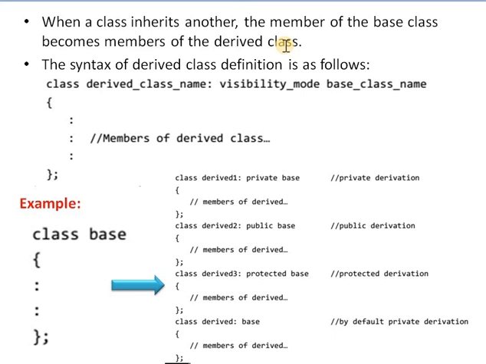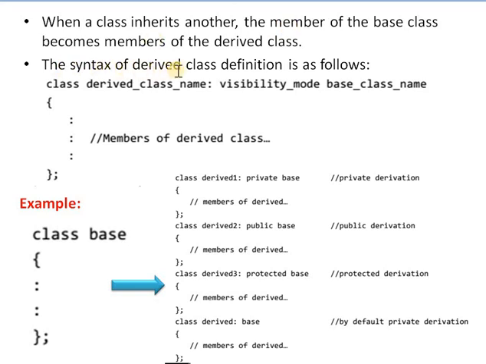That means simply the derived class absorbs, copies and inherits all the properties and all the functions of the base class. When you derive a class from another class, that derived class contains all the properties and functions of the base class.